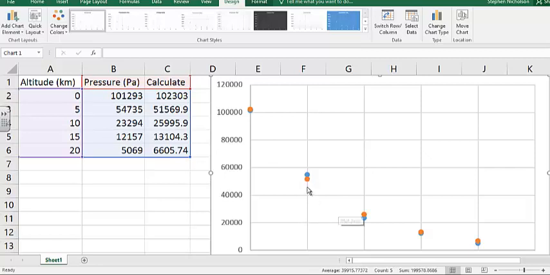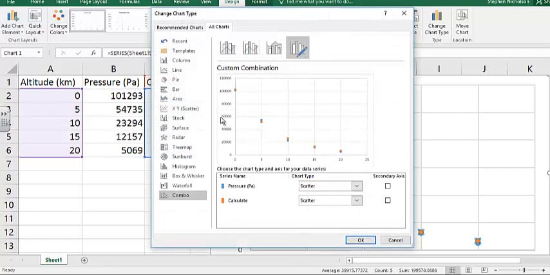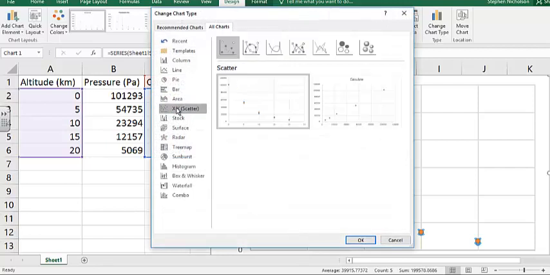Now if I click on the brown dots, and then I right click, actually what I want to do is change series chart type. It's still a scatter plot, but you can get a scatter plot with smooth lines through it.